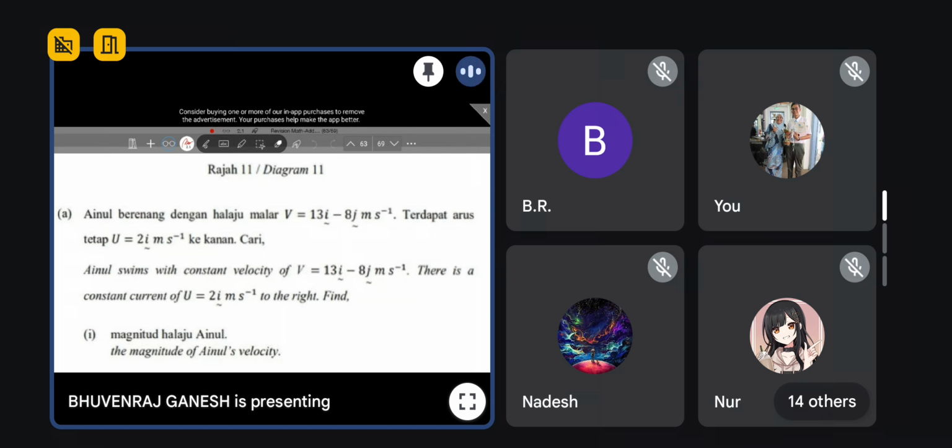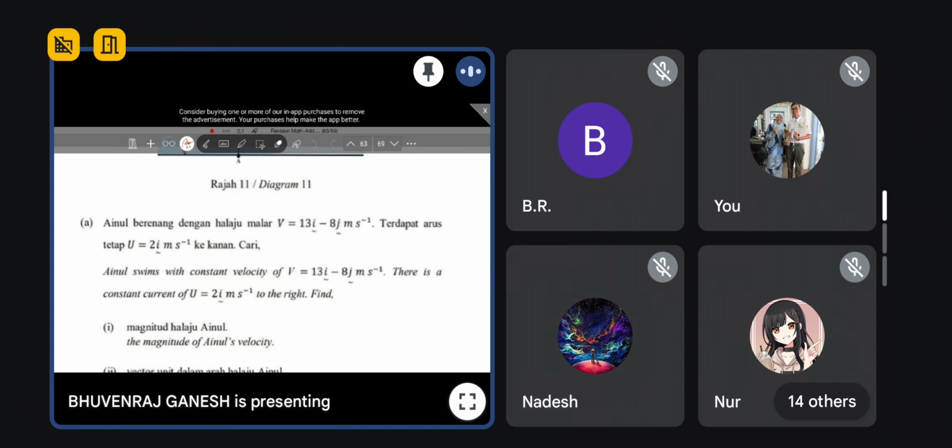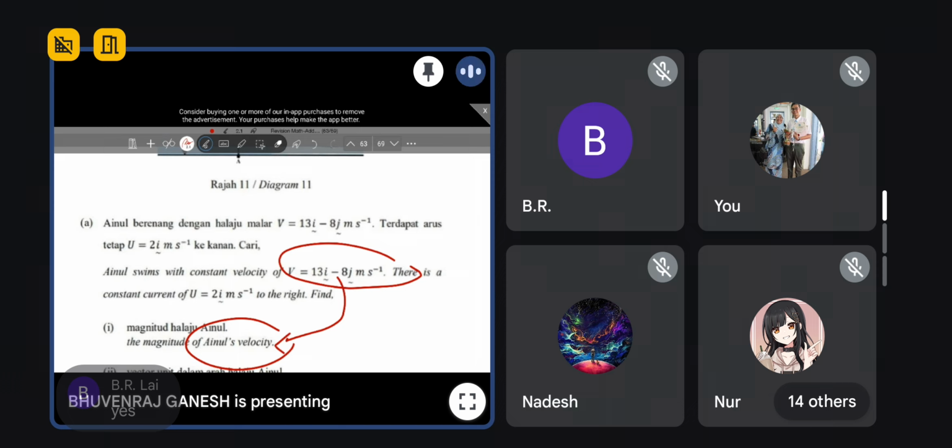Apa vector sekarang untuk halaju Ainul? Cuba komen. They want you to find Ainul's velocity. So is this the vector to find the magnitude? Are you sure? See carefully.